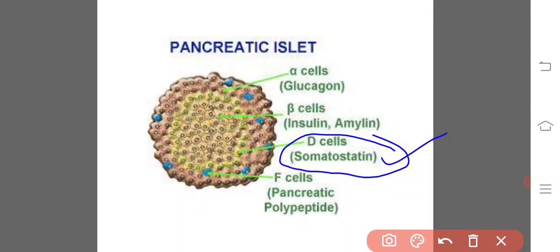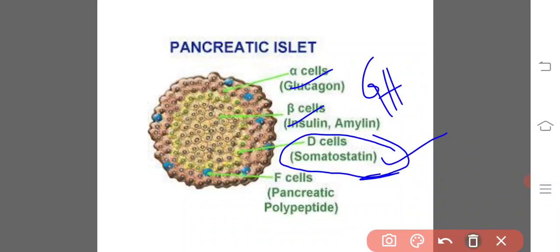Antagonistic means opposite; agonistic means that supports. So somatostatin is produced from the delta cells of the pancreatic islets.